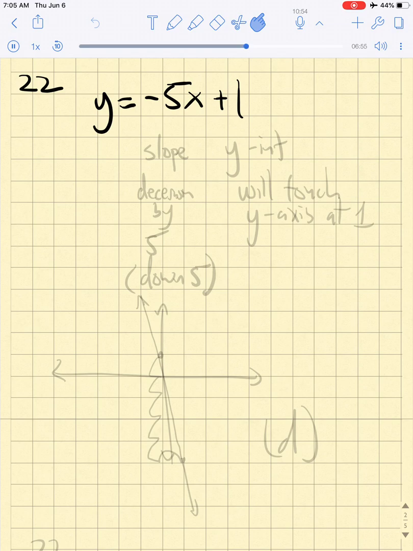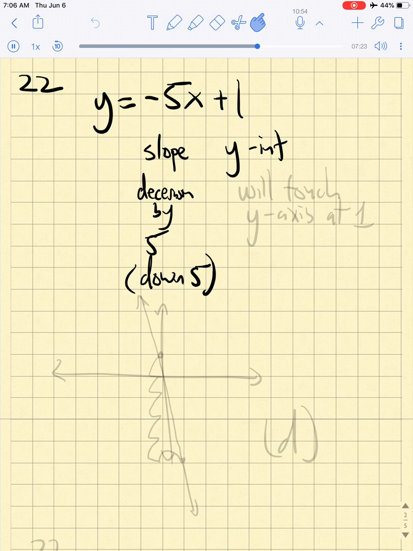So in this problem, right, we have slope and y-intercept, slope-intercept form. The slope is decreasing by 5. For every x that we go over, we go down 5. So this, I'm going to say in parentheses, down 5.